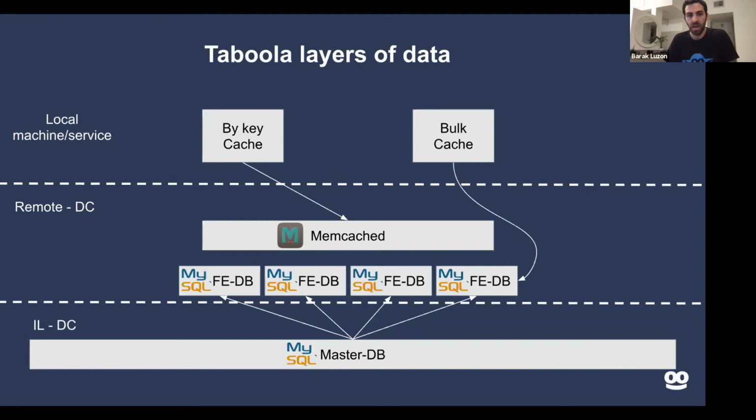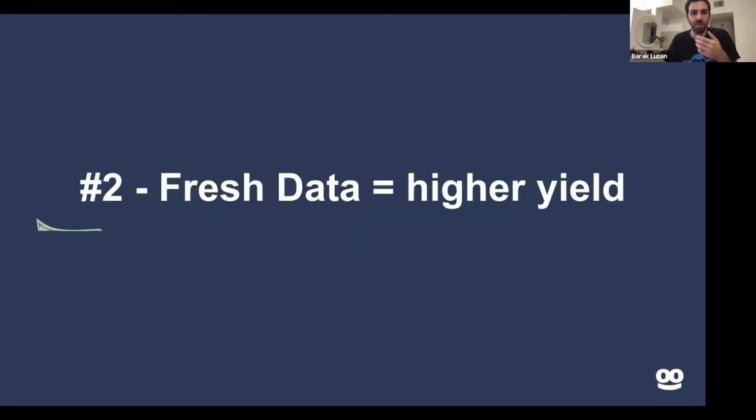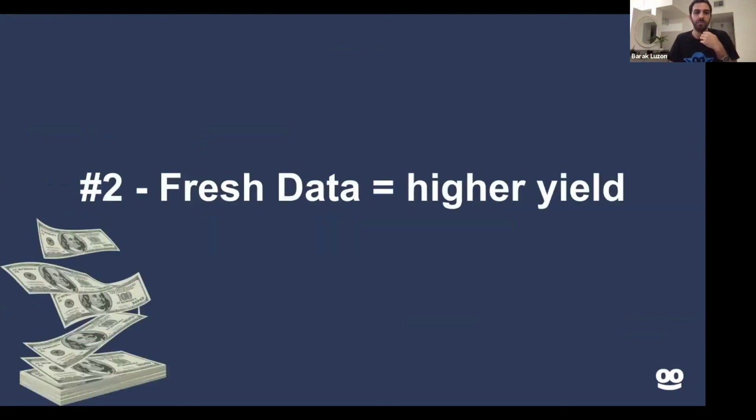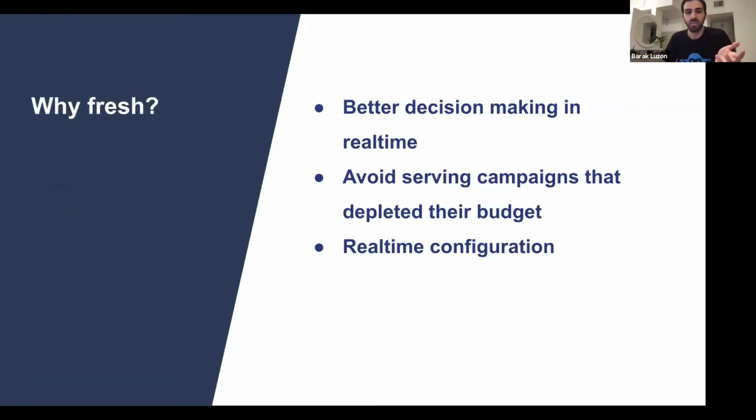Okay. So this is really cool. But we have another constraint. We have another guideline for having a better production system. And that is, the more fresh data we have, the higher the yield we have. And that's really easy to explain again, because it makes you get better decisions in real time.